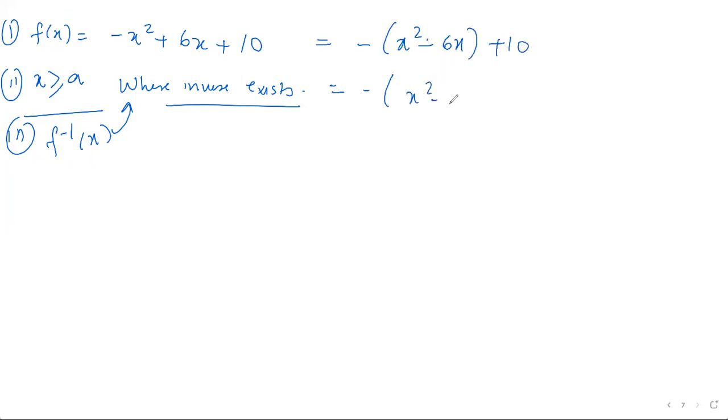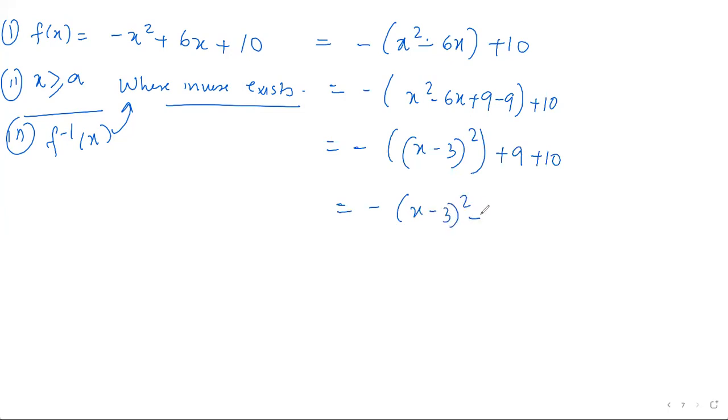Now you do x squared minus 6x plus 9 minus 9 plus 10. This I'm making a perfect square. The presumed knowledge for this part is that you should know perfect squares. So negative (x minus 3) the whole squared plus 19 is the expression for this particular quadratic.